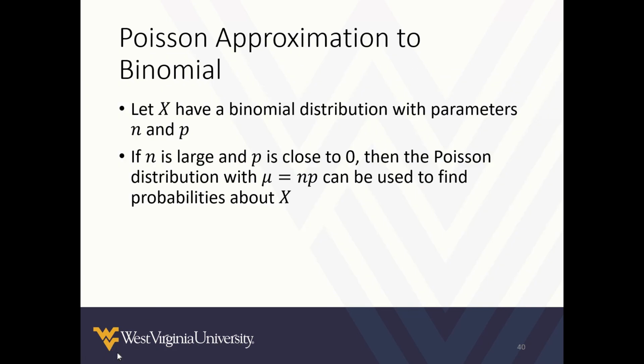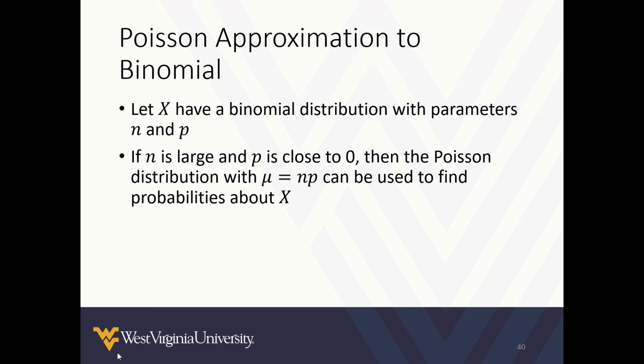Now, as I stated earlier, there is a relationship that exists between the Poisson and binomial distribution. If we have x that has a binomial distribution with parameters n and p, if your sample size is very large and your probability of success is close to 0, then the Poisson distribution, where our mean is n times p, can be used to find the probabilities about x.